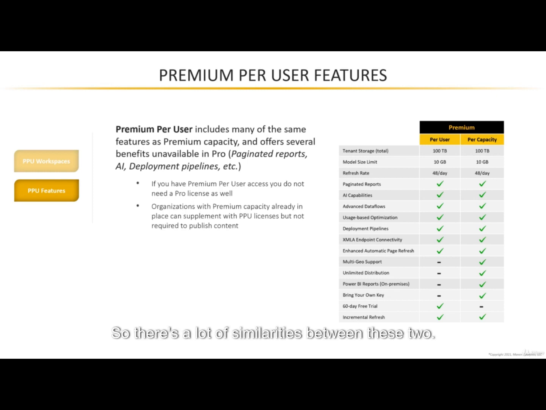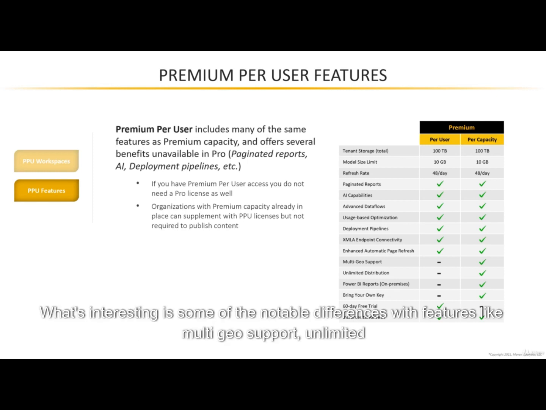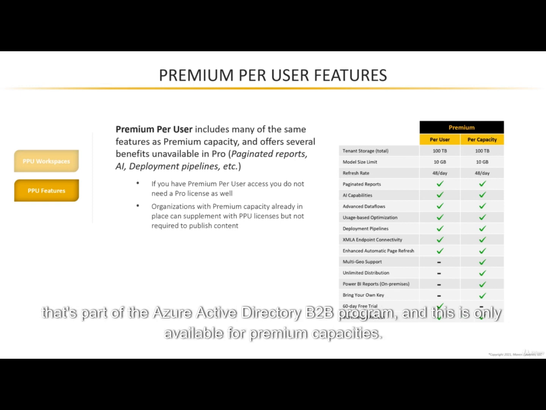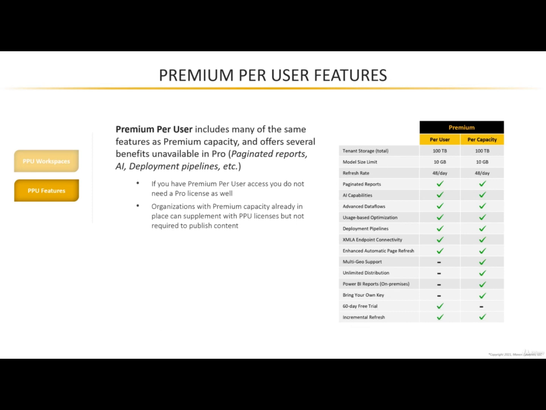So there's a lot of similarities between these two. What's interesting is some of the notable differences with features like multi-geo support, unlimited distribution, support for on-premises report server, and bring your own key, which is a feature that's part of the Azure Active Directory B2B program. And this is only available for premium capacities. Those are some interesting differences between the two of them.